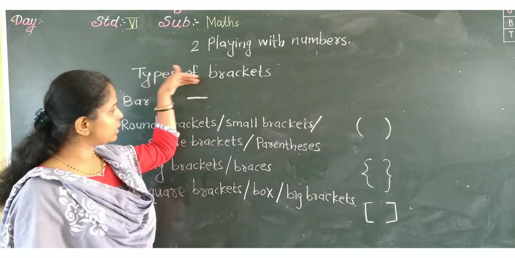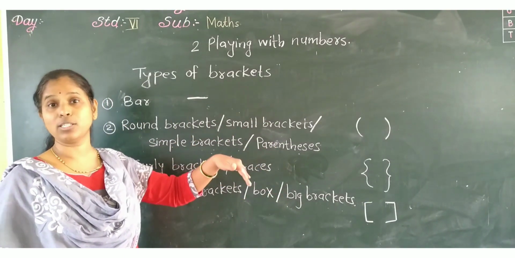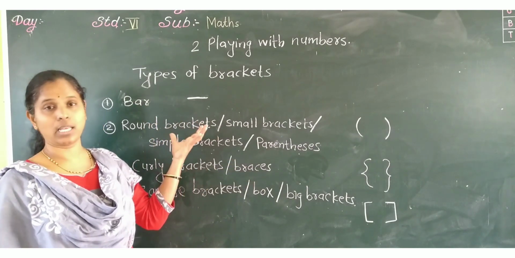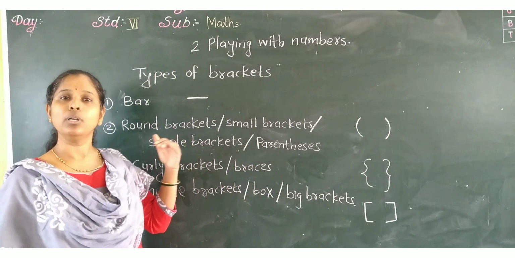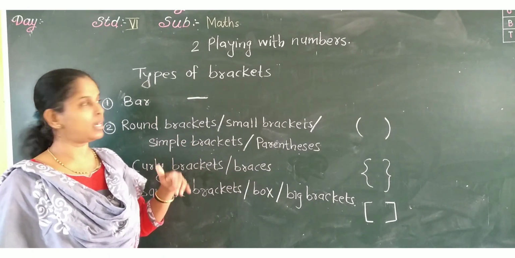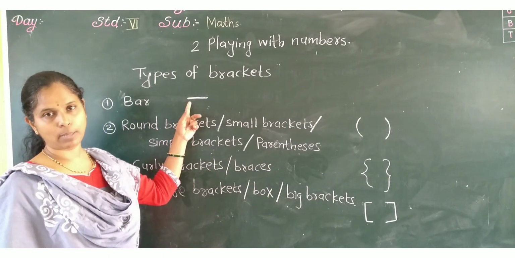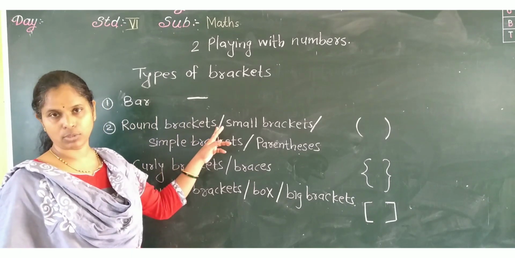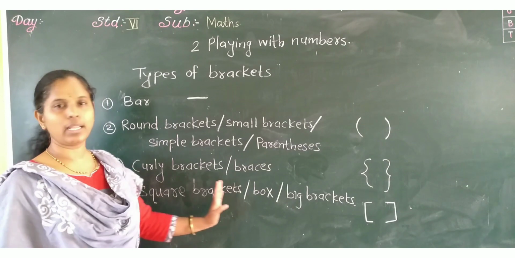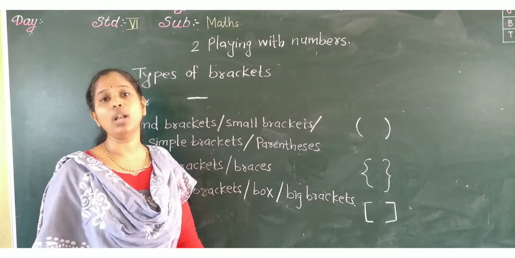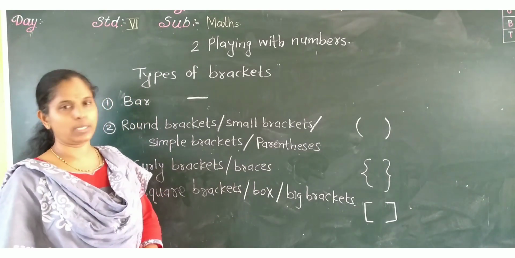So understood? With many brackets, which bracket to solve first, for that also rules are there. First we solve the bar bracket, then the round bracket, then the curly bracket, and at the end we solve the square bracket.